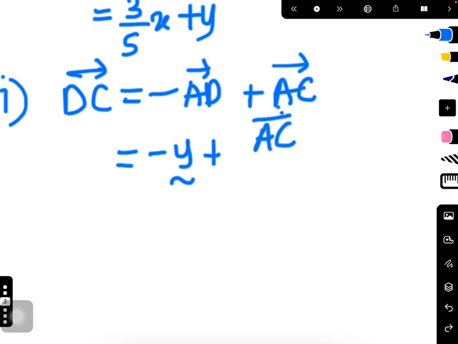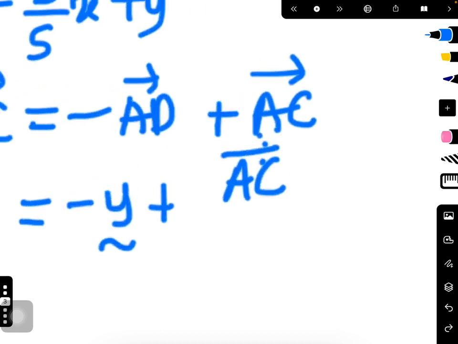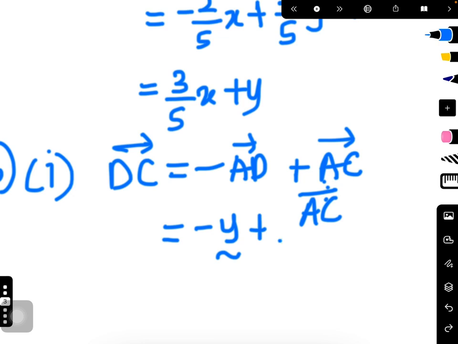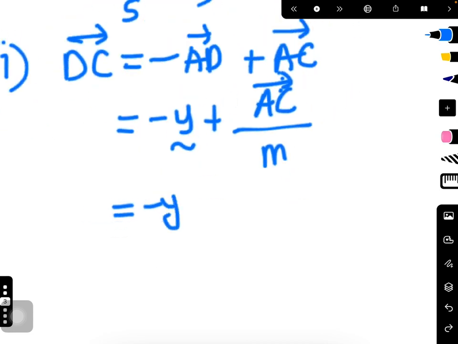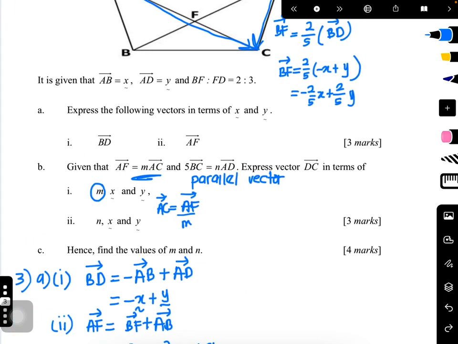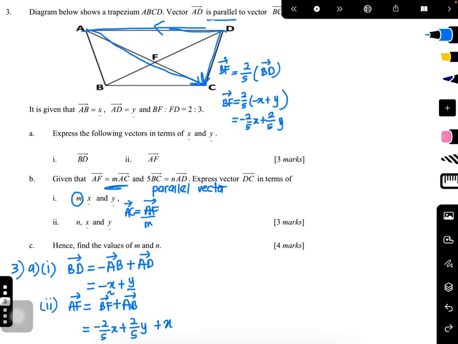We just need to use the information given first. Did we get AC? No. How can we get AC?